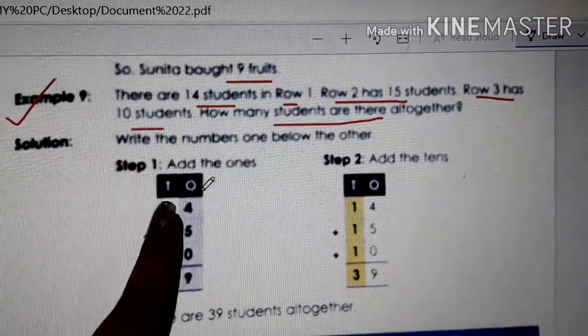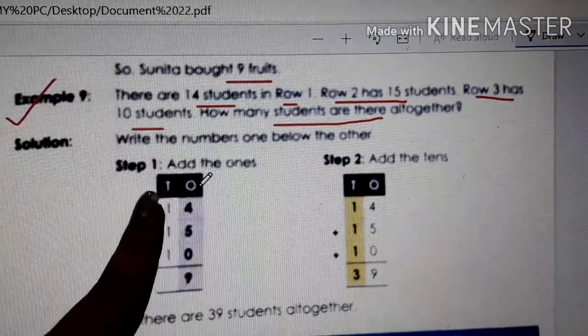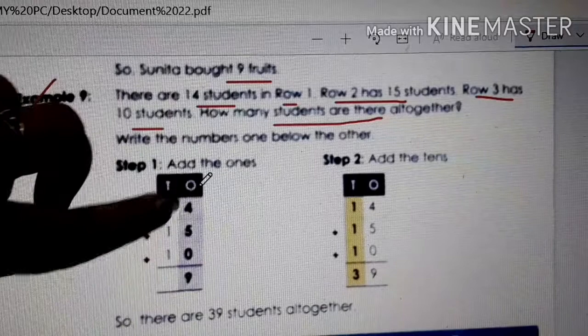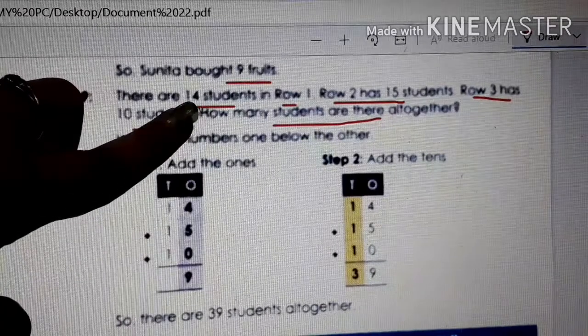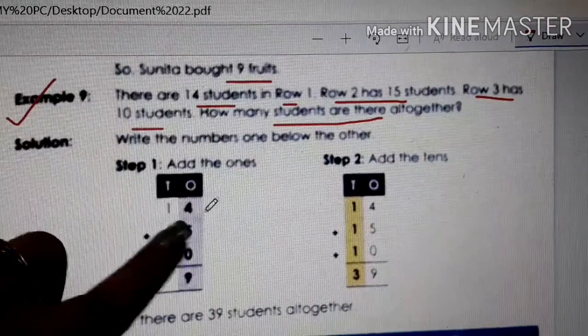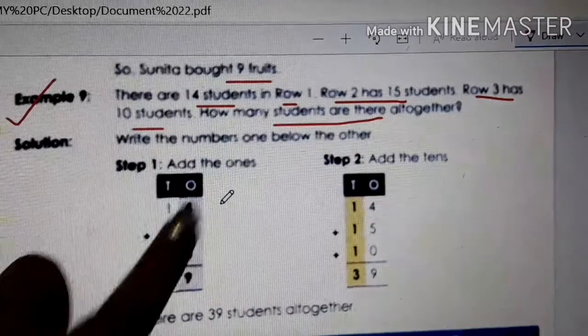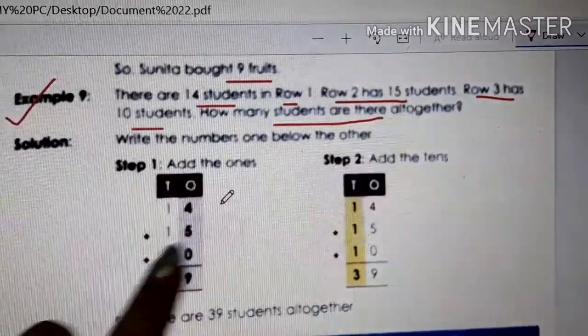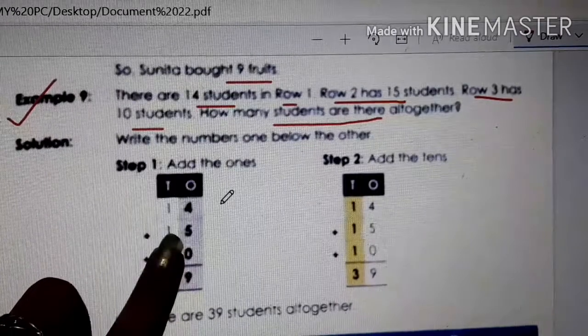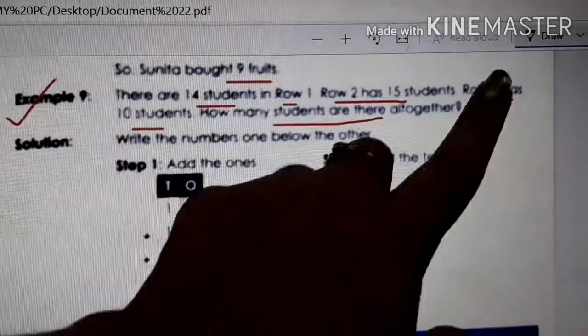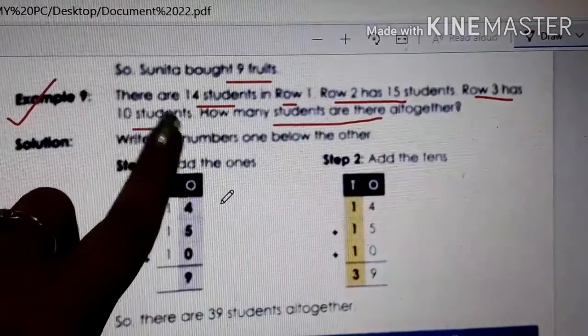So you are going to first write ones and tens place. Let's put the values, children. First is 14 students, so 1, 4. Next, 15 students comes on the next line, 1, 5. Then row 3 has how many students? 10 students.